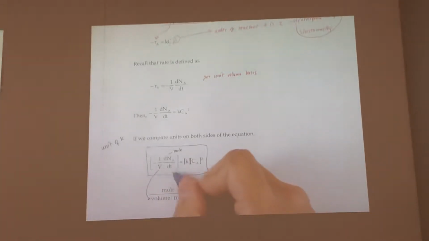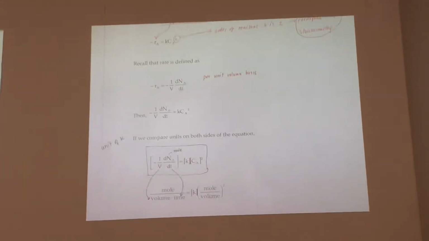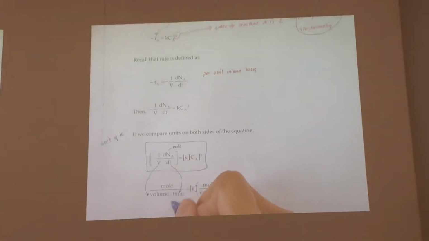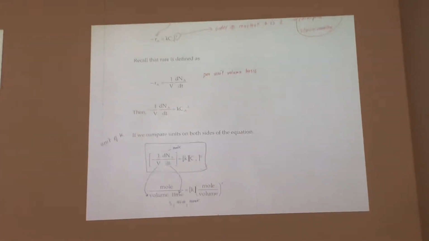T is time. This volume can be liter, cubic meter, etc. Time can have more options, for example second, minute, hour, etc.